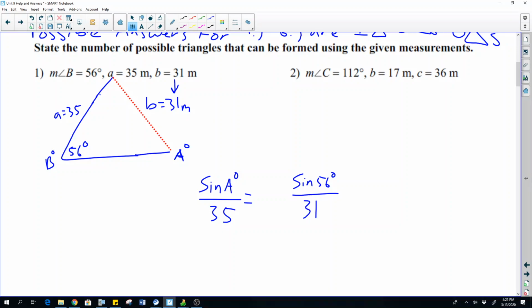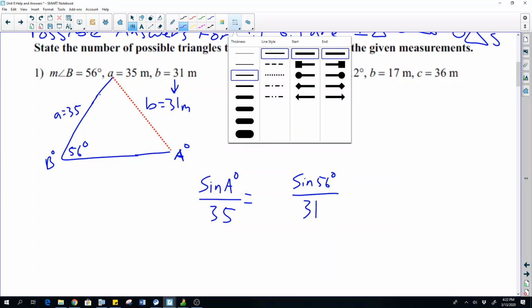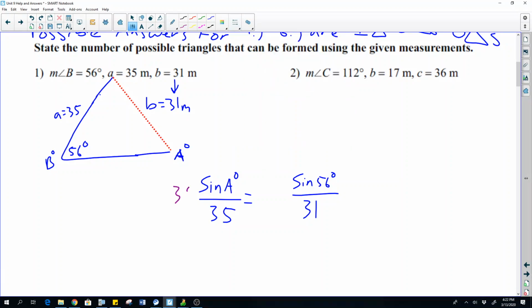Now we multiply 35 to the other side, and to undo sine, we take the inverse sine of this whole thing. That'll give us angle A.